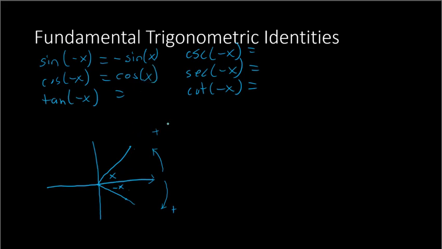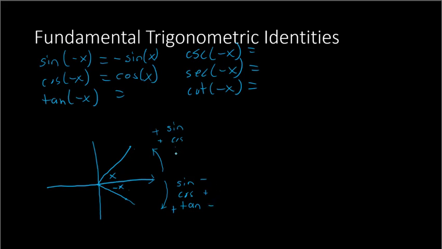Now tangent, we said that sine is positive up here, and cosine is also positive, whereas in the fourth quadrant, sine is going to be negative, and cosine is going to be positive. So if you're looking at tangent of negative x, down here in the fourth quadrant, tangent would be sine over cosine, negative over positive, that's going to be negative.